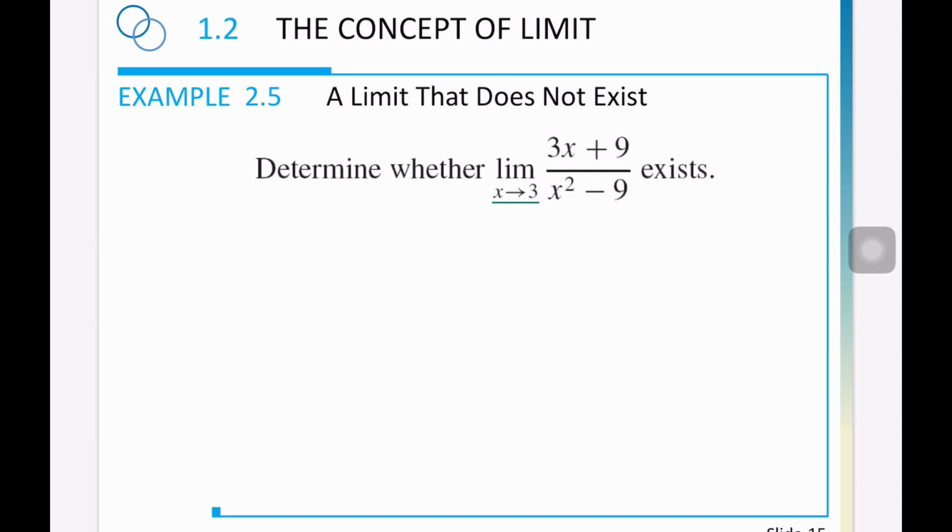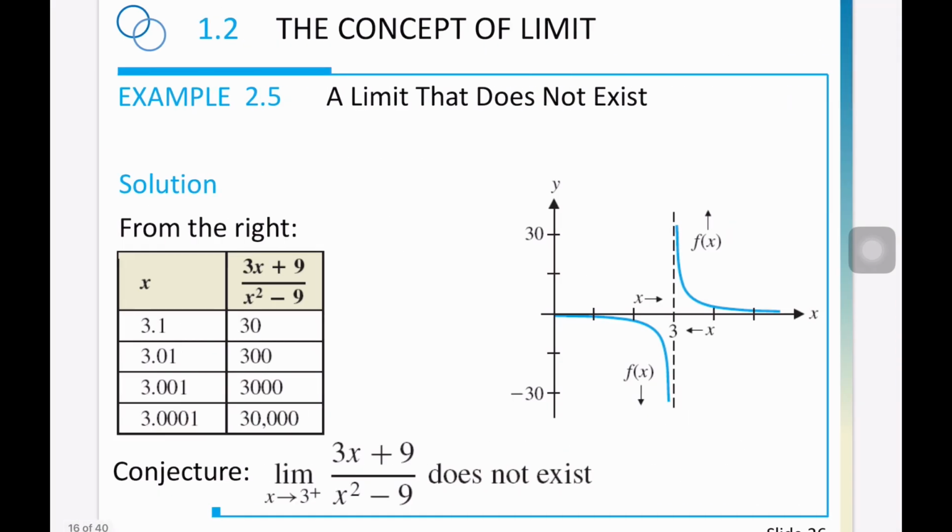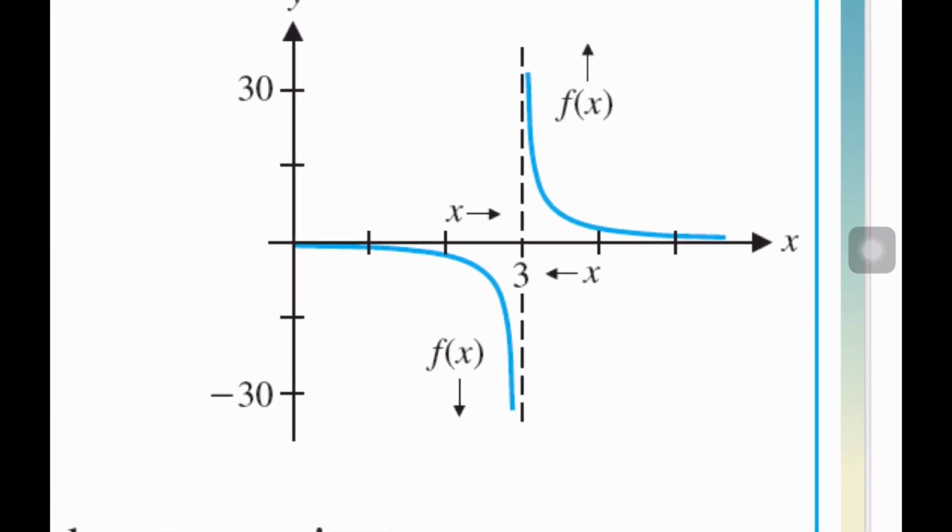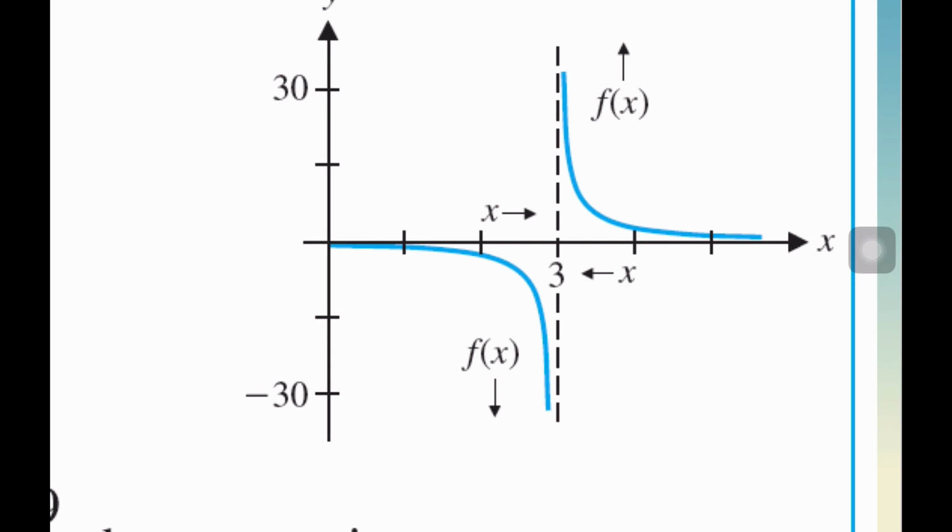Now we've got the same function, but x is approaching 3. If we want to draw this function, we're going to have this as the graph. So we can see if we're getting closer to 3 from the positive side, from here, the value of f(x) is increasing to infinity. And if we're getting closer to 3 from the negative side, the value of f(x) is decreasing to negative infinity.